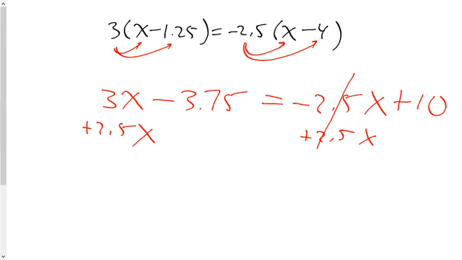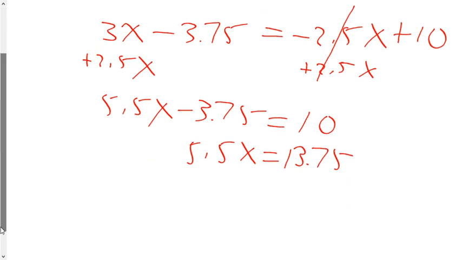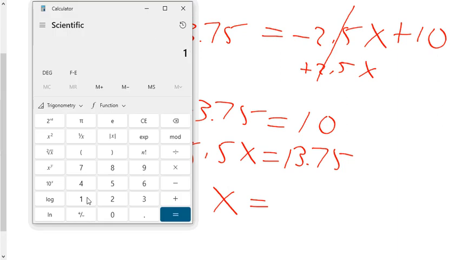But in doing so, we've gotten rid of the variable off one side and kept it on the other, which is important because our goal is to isolate that variable. 5.5x minus 3.75 equals 10. 5.5x equals 13.75. And therefore, when I divide both sides by 5.5, x will equal 13.75 divided by 5.5, which equals 2.5.